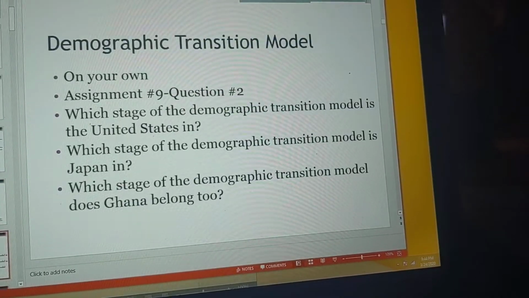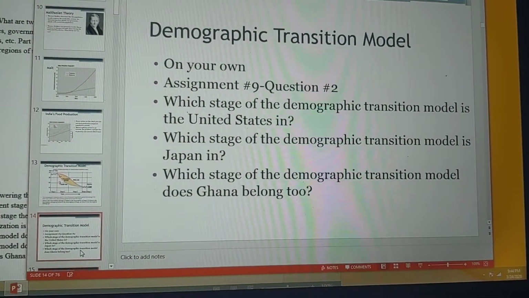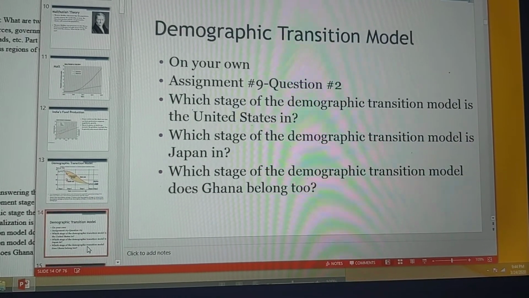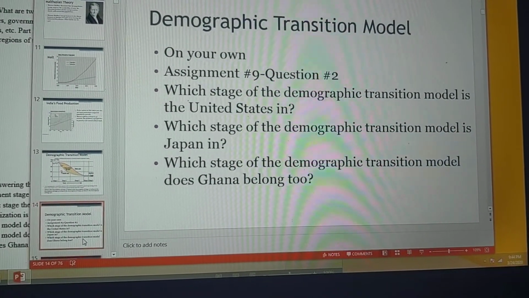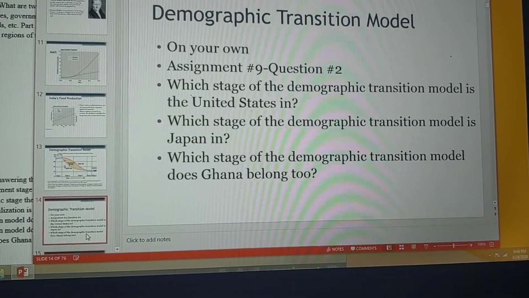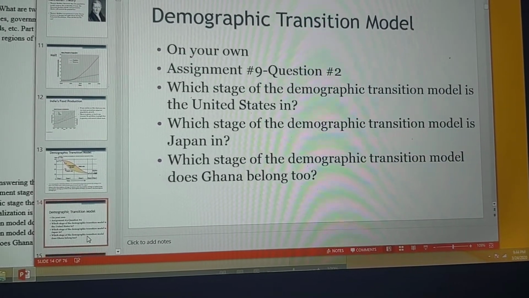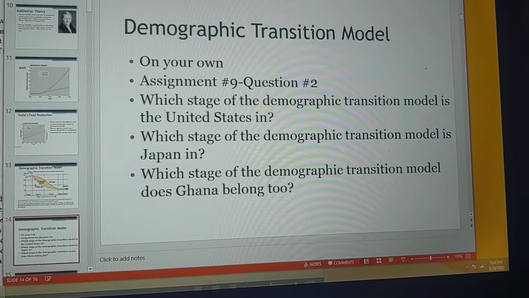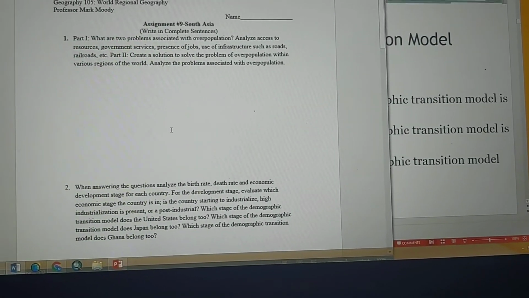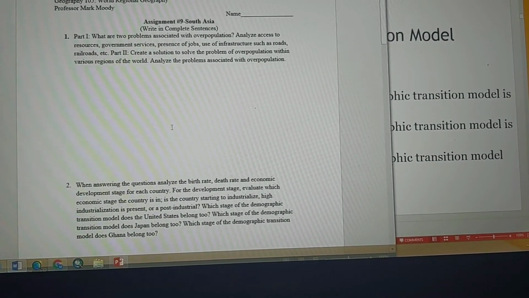So for question 2, okay, what you're going to do is you're going to answer these questions. You're going to answer which stage the United States is in. I just gave it to you. Which stage Japan is in. Which stage is Ghana in? Of course, Ghana is sub-Saharan Africa. As you're answering it, okay, I want you to look at the birth and death rate of the countries.